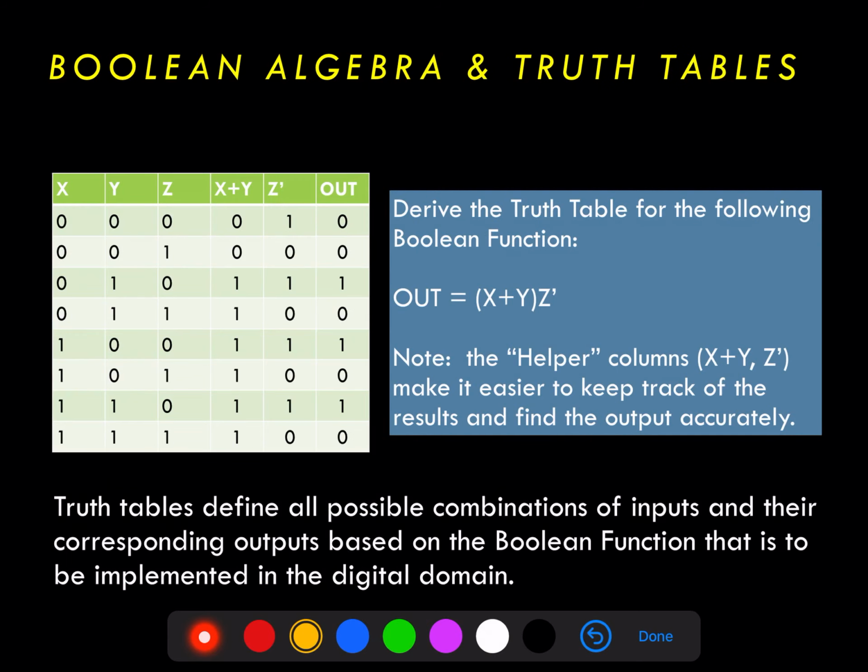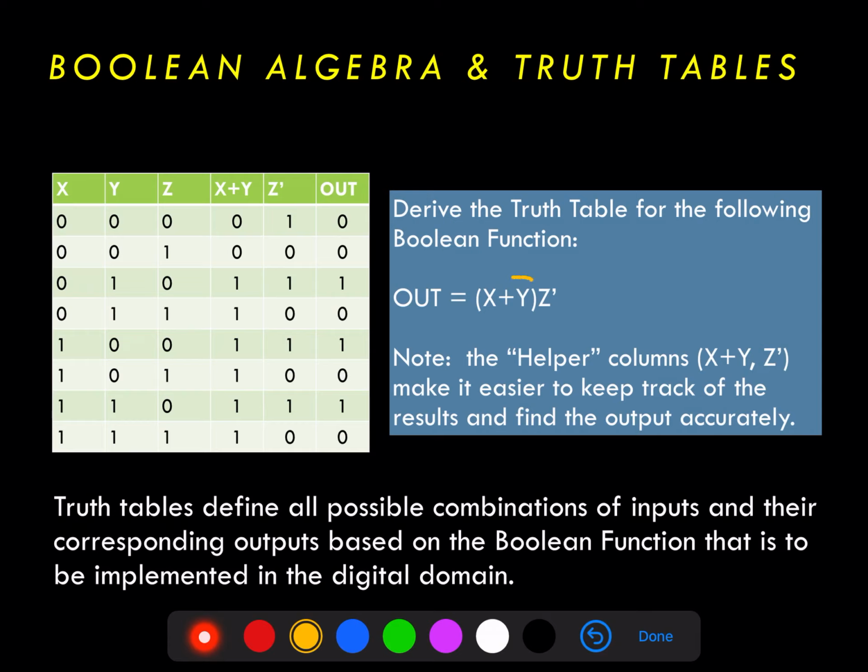The truth tables help us fully describe a Boolean function. So in this example, we have three input variables, x, y, and z, and we want to compute the output function, quantity x or y, all ANDed with z naught. In order to come up with the output accurately on the first try, it's often helpful to create helper columns.